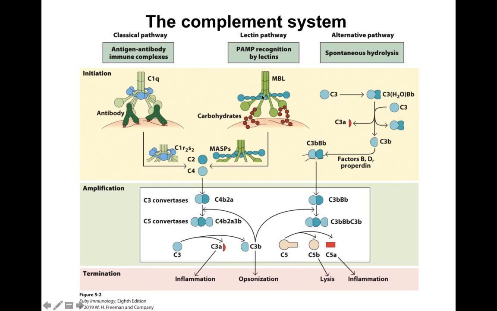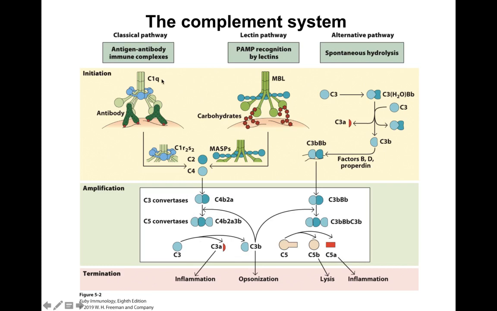The lectin pathway: the mannose binding lectin binds to carbohydrates such as mannose on the surface of pathogens, and it looks similar to C1q. And then there are these mannose binding lectin associated serine proteases, which act similar to what the C1r2s2 did, and they are able to cleave C4 and C2 and generate a C3 convertase, similar to what happened in the classical pathway.